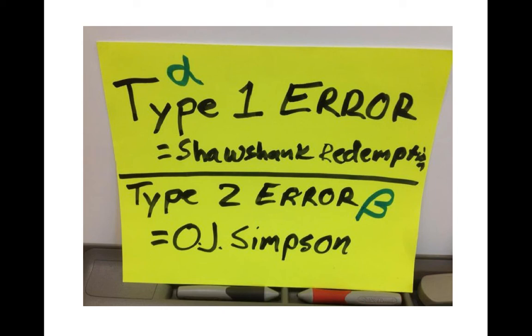And the defense came up with this slogan, if the glove doesn't fit, you must acquit. And so O.J. was found not guilty, at least in the criminal trial. In the civil trial, I think he was found guilty and had to pay the family money. So he was found not guilty in the criminal trial. He was acquitted. So hypothetically, a guilty person was let off.